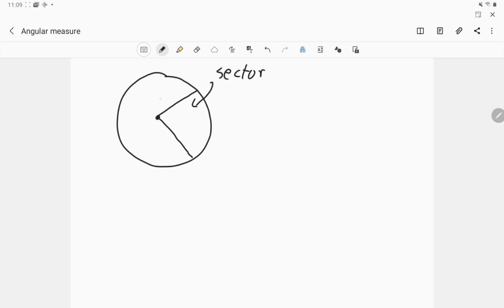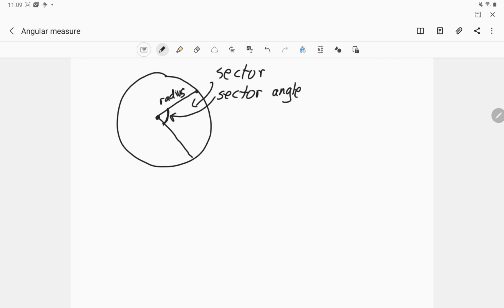Now, your radius is here, right? Because it's the length from the center to the edge. This angle right here inside that sector is called your sector angle.